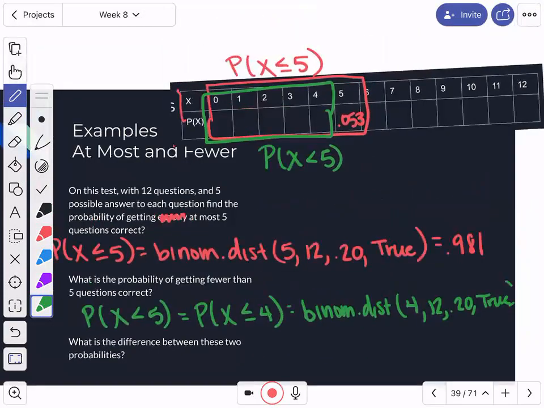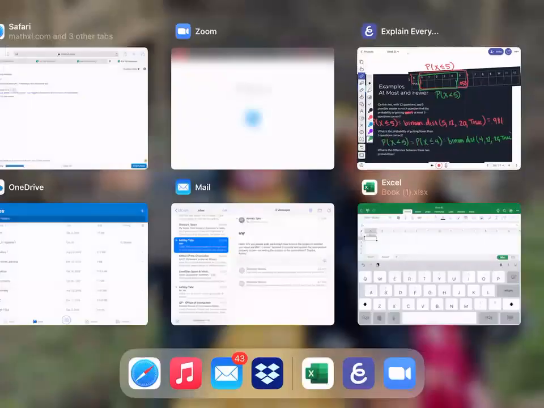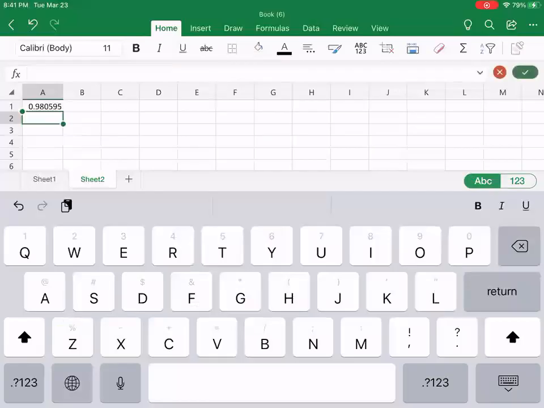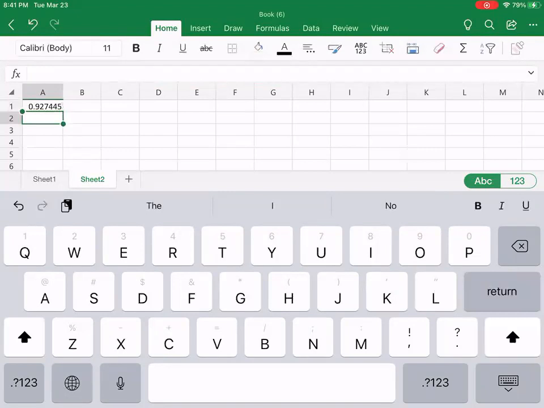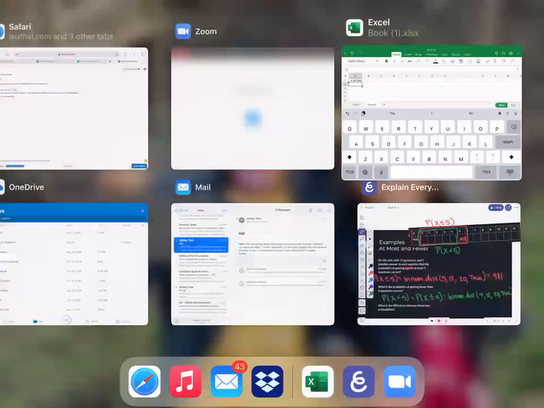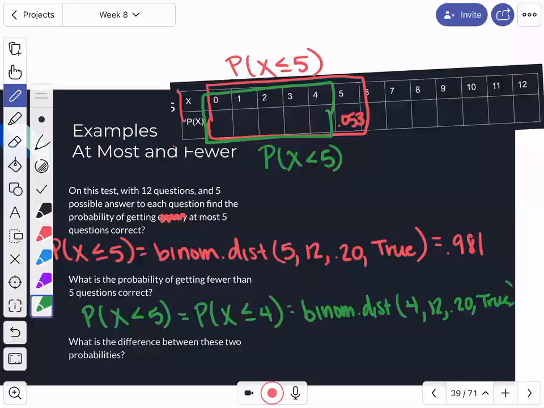Less than 5 really means less than or equal to 4. So the only thing I'm changing in this formula now is that 5 changes to a 4, because that means I'm going to add them up to 4. 0.927. I get a smaller probability because I've included less into it.